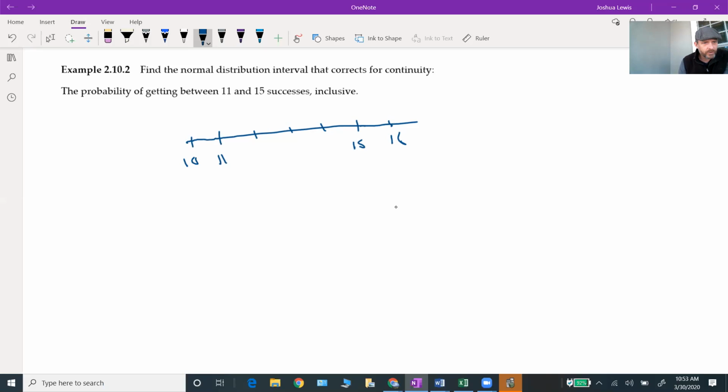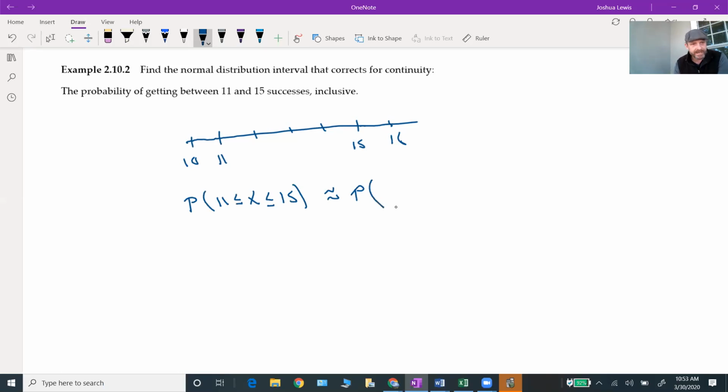And so from binomial, I want 11 less than or equal to x, less than or equal to 15. Well, here's the deal. 11 and 15 need to be included as possible values, because it's less than or equal to. So I need to widen my interval, but not so much that I steal 10 or 16. I just want 11 and 15 to be ever so slightly inside this bigger interval.